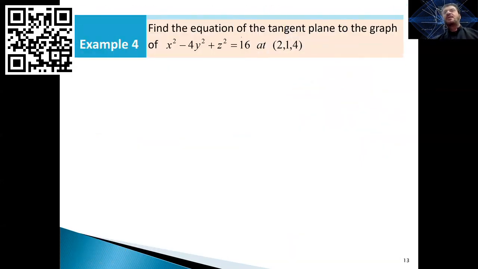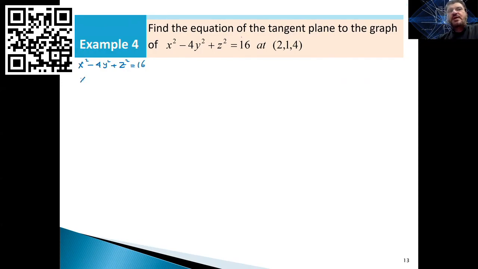Here's an example. Find the equation of the tangent plane to the graph of this, guys. So I have x squared minus 4y squared plus z squared equals 16. Now, don't forget f of x, y, z. If you move 16 to the other side, what do I get?